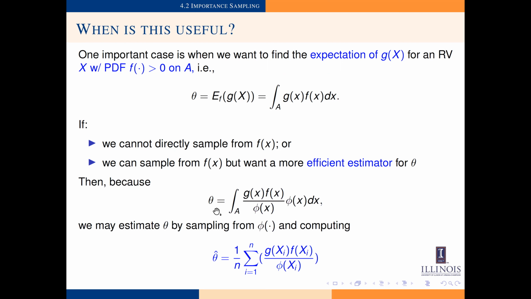Because theta is equal to this integral, which is equal to the integral over A of g of x times f of x divided by phi of x times phi of x dx, we're essentially dividing and multiplying by phi at the same time, we may estimate theta by sampling from a distribution phi and computing theta hat, which is equal to the sample mean of g(x) f(x) divided by phi of x. So this part.